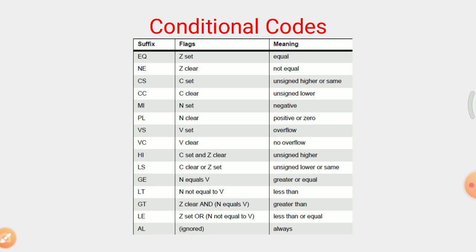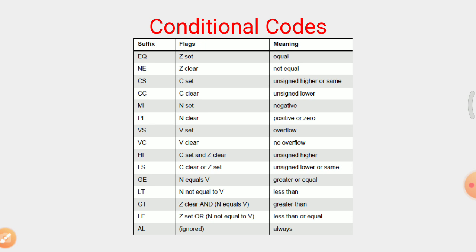Whenever we perform any arithmetic operations, there may be a chance that the zero flag is equal to 0, that is, the result is not 0. Therefore, this instruction is going to be executed only when Z is equal to 0.